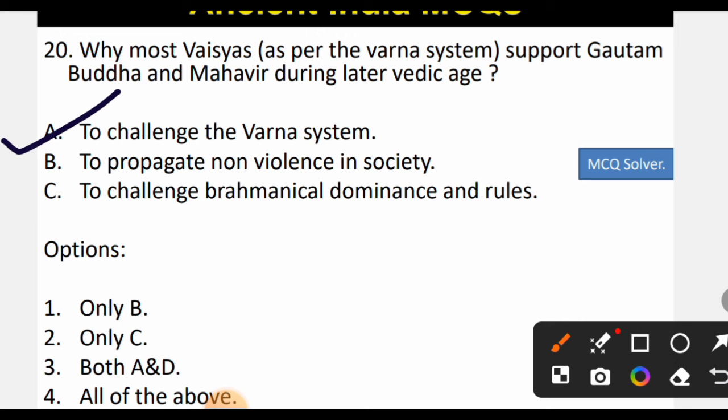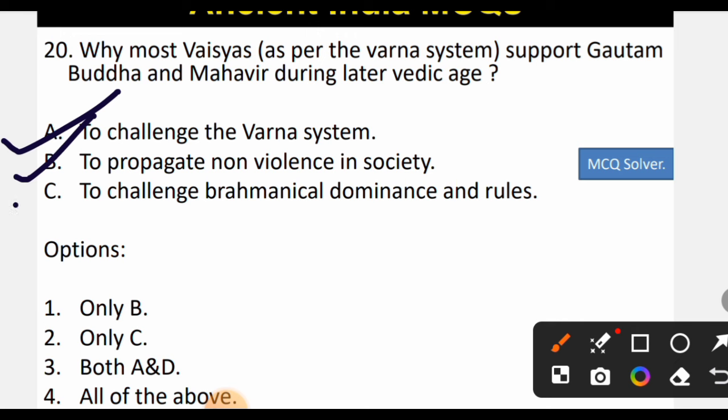So A is correct. Now when it comes to statement B, to propagate non-violence in society, B is also correct, because the more violence there is in society, the more trouble there will be. Business will not be able to flourish, trading will be impacted, and farmers will not be able to grow crops in their fields because of attacks from the rival party. So B is also correct.